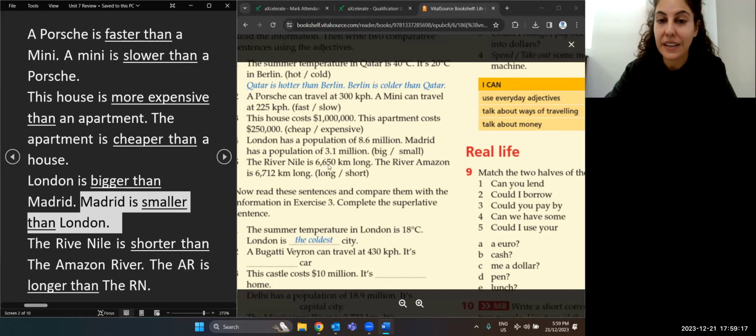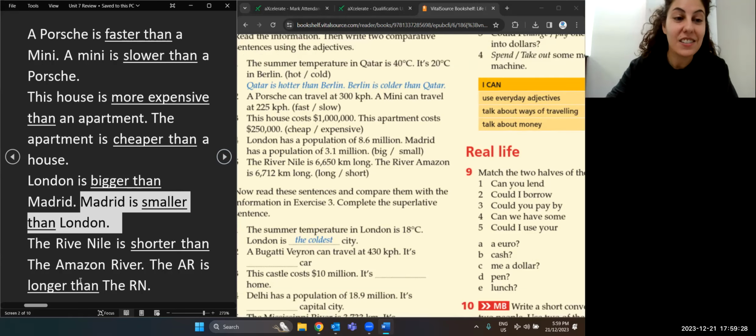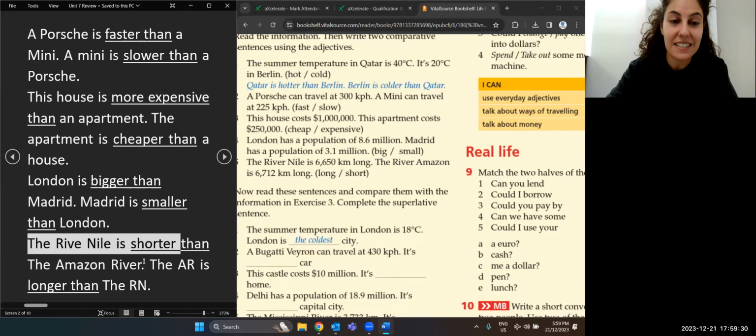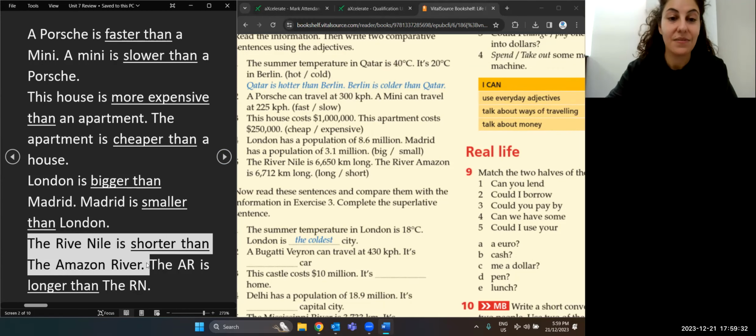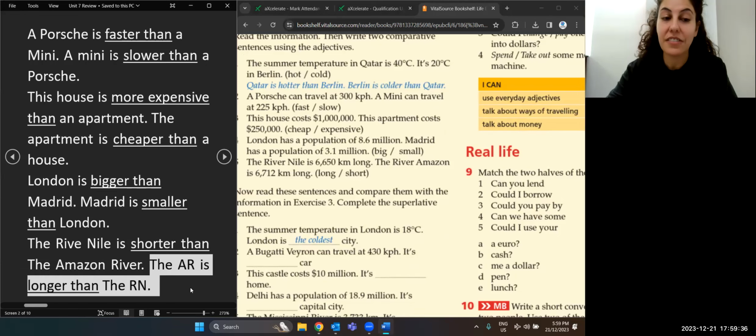The River Nile is 6,650 kilometers long. The River Amazon, which you guys know in your country, is 6,712 kilometers long. So the River Nile is shorter than the Amazon River, or the Amazon River is longer.